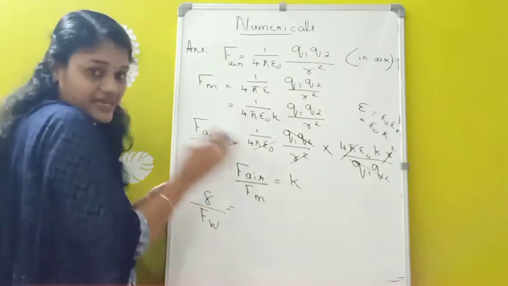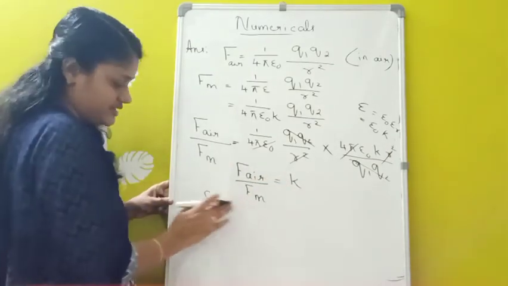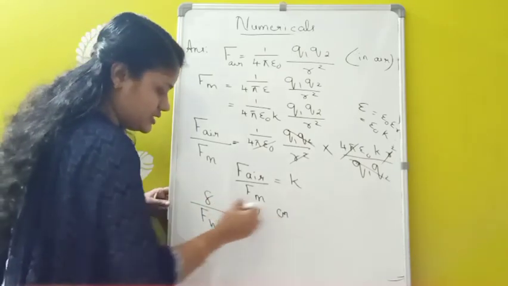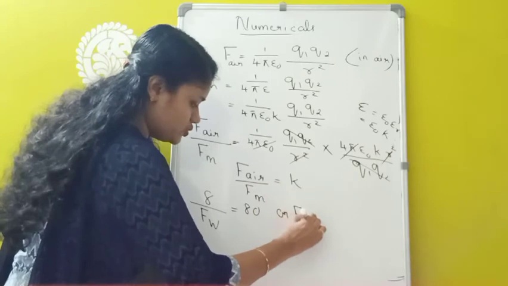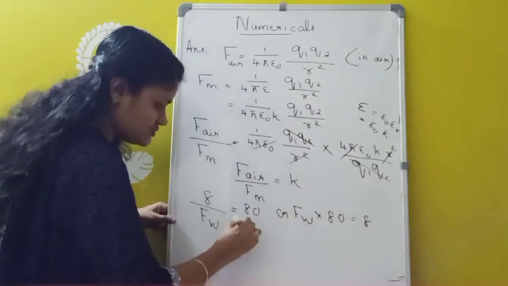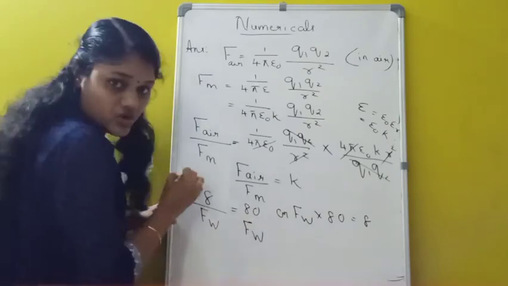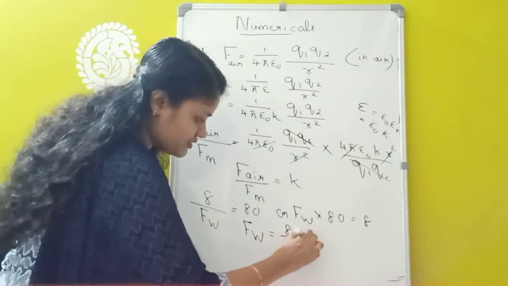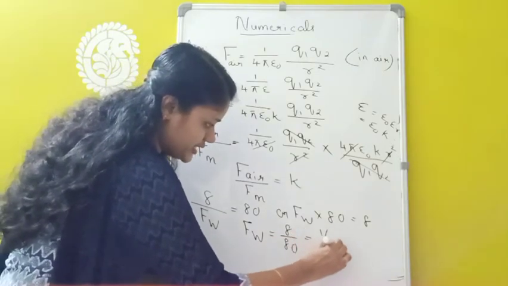It is given in the question itself as 80. So cross multiplying, FW into 80 equals 8. From this we have to find the force in water. That means FW equals 8 by 80, or we can write 1 by 10 Newton.